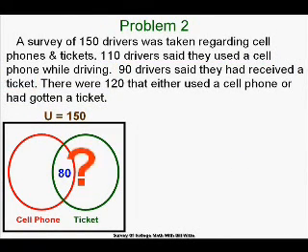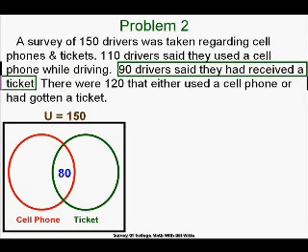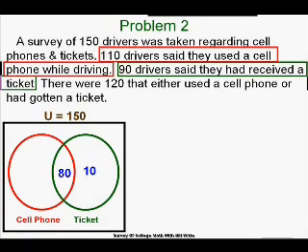Now we'll start filling in numbers. Well, let's see. What's going to go there? Well, how many actually got a ticket? I know 90 received a ticket. So I'm going to take that 90, subtract the 80, and I put a 10 there. I know how many total used the cell phone.